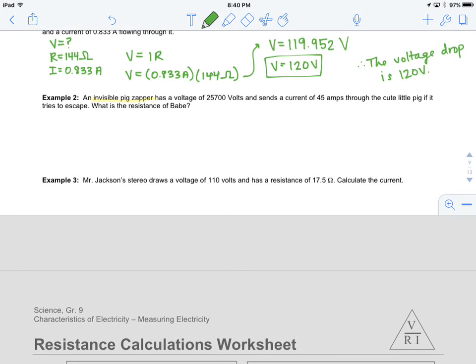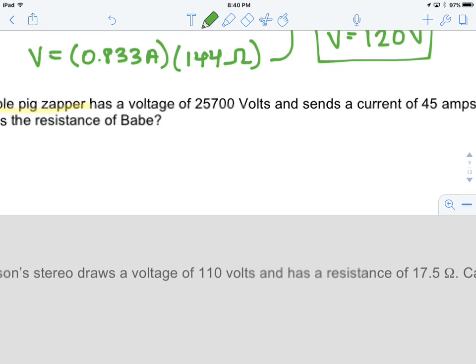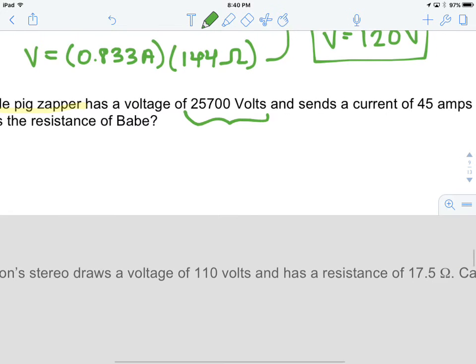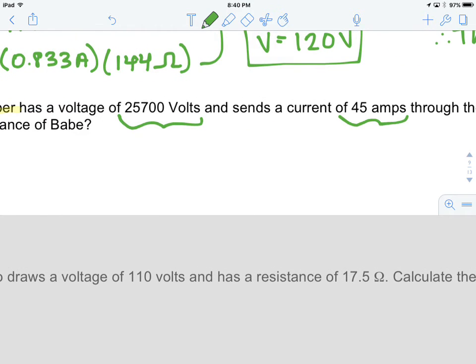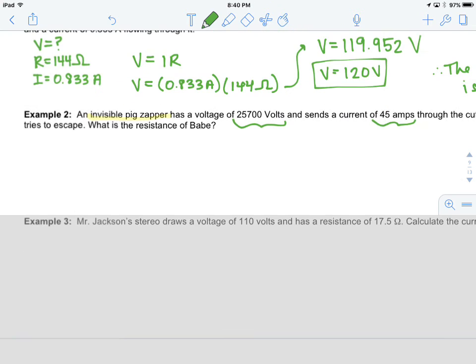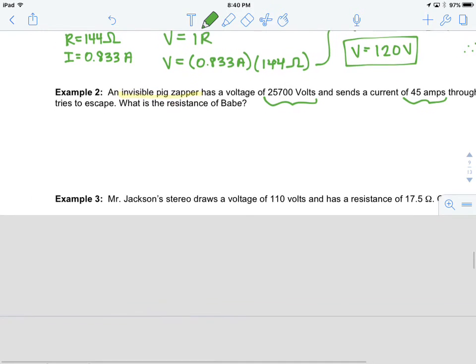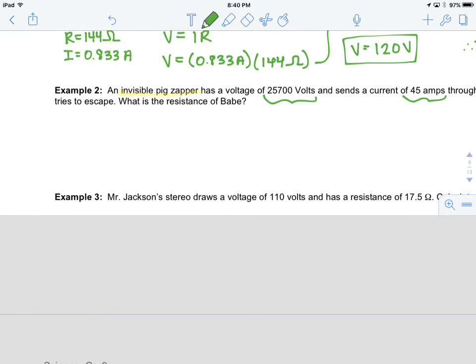So what is the resistance of Babe? This is like an electric fence on a farm, and I can't tell you whether these numbers are accurate, because I've never lived on a farm. However, I would imagine that 45 amps seems a little bit high. So let's calculate the resistance of Babe the pig here.